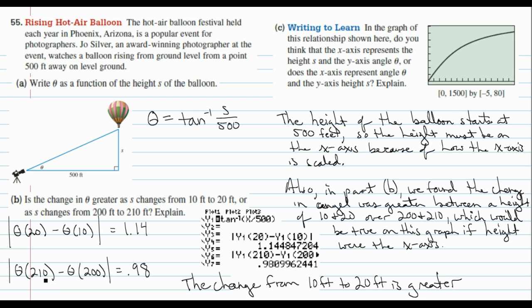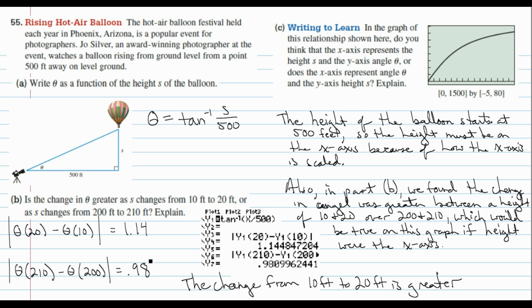Then I plugged in 200 for s and 210 for s and subtracted those. The change between a distance of 20 and 10 is 1.14 degrees, because I used degree mode. And then the change from 210 to 200 is only 0.98 degrees.